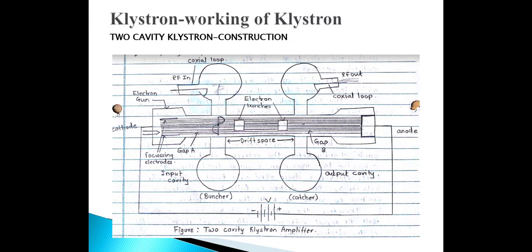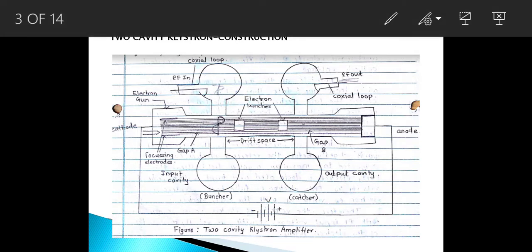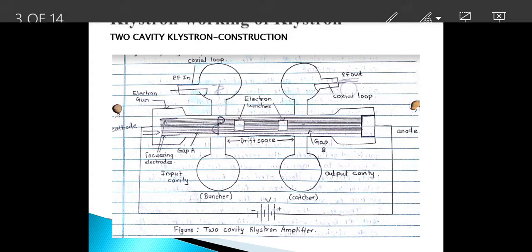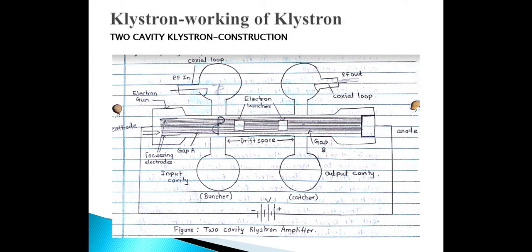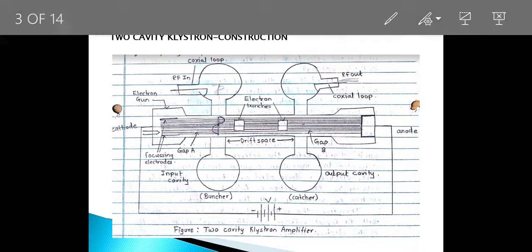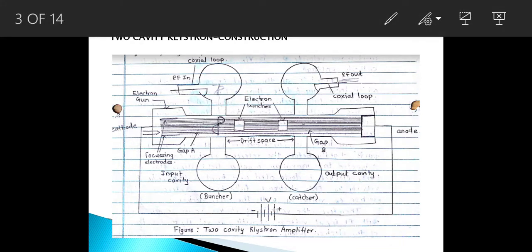Here through a coaxial loop we give the RF input, and from this we take out the RF output. Here it is the cathode, here it is the anode, and here the electron gun.